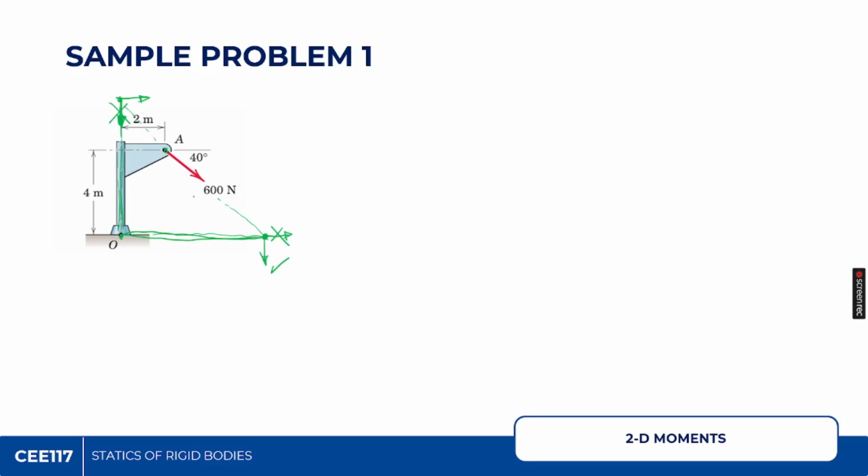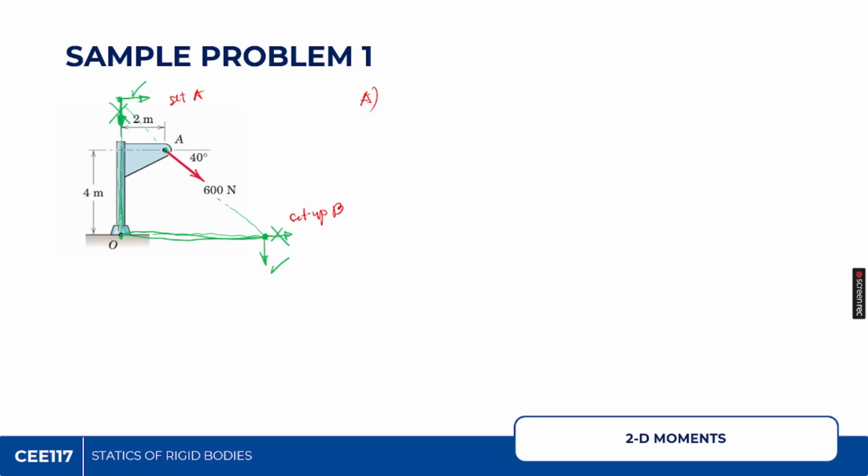So only one component has a moment in each setup. For this problem we have two possible setups. Let's call this setup A, and this one setup B.